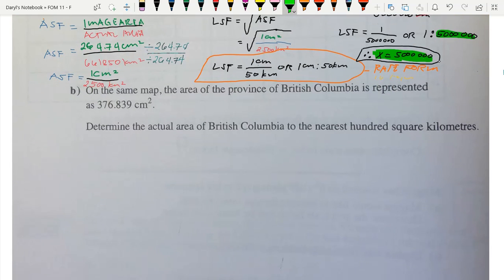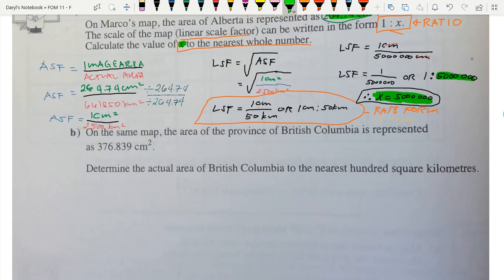On the same map, the area of the province of British Columbia is represented by 376.839 centimeters. Determine the actual area of British Columbia to the nearest 100 square kilometers. So nearest 100 square kilometers.